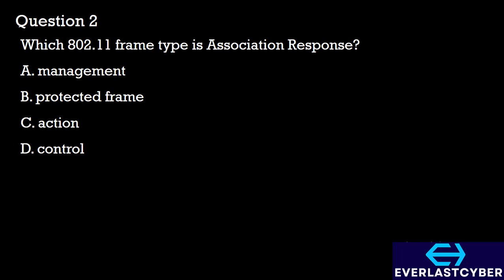Question 2. Which 802.11 frame type is association response? A. Management. B. Protected frame. C. Action. D. Control. The association response frame is a type of management frame in the 802.11 Wi-Fi standard.